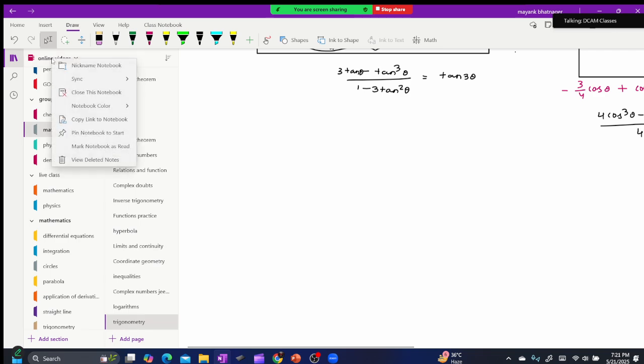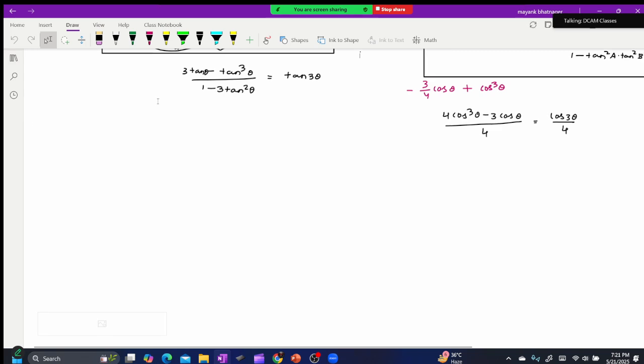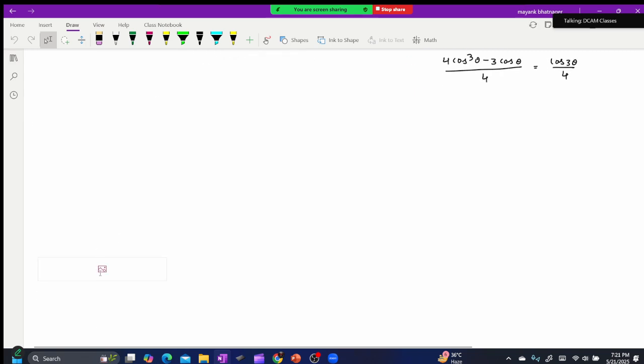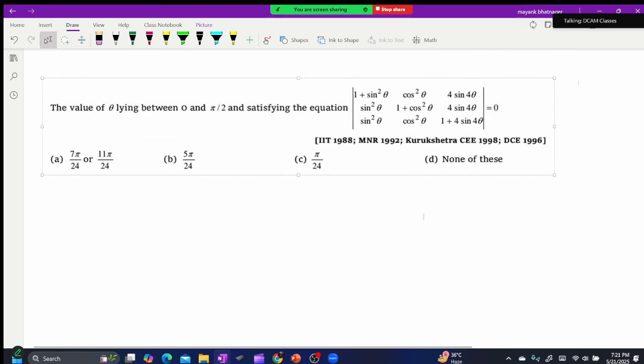For this, you need to know how to solve the determinants, basic. So you have the questions. I have the question. See, this is the question that he is asking. Now, before solving it, you need to know how to solve the determinants actually.